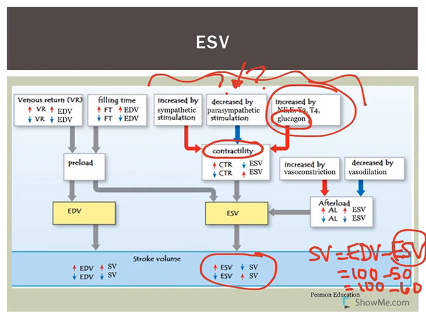Now, if we look at these other things, like what is this with afterload? So remember, the ventricle, say the left ventricle, is contracting. It has to generate enough pressure to exceed the pressure out in the aorta to get the semilunar valve open. If that pressure out in the aorta is higher, the ventricle is going to have to work harder to generate higher and higher pressure to open up that valve.